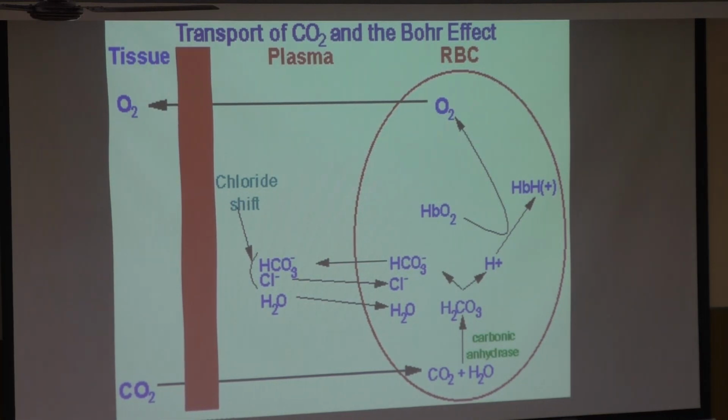First is dissolved. A little bit is dissolved in the plasma. How is it dissolved? Carbon dioxide plus water will form carbonic acid. It will dissociate into bicarbonate and H plus ion. H plus ion lowers the pH because it is a negative logarithm. So you have to keep it in mind.